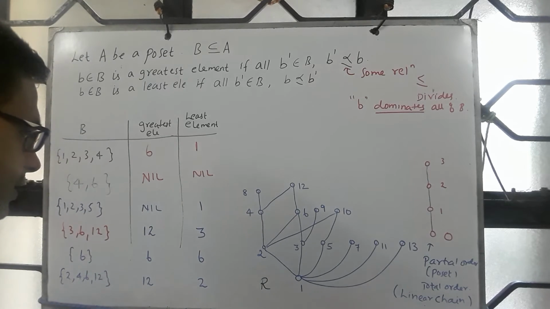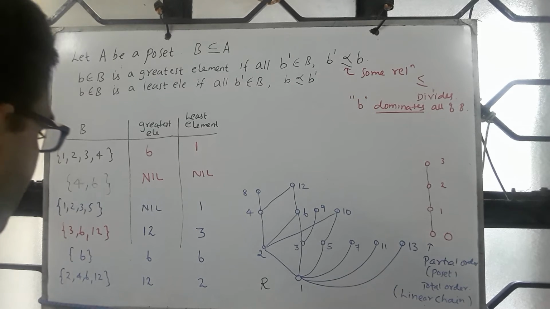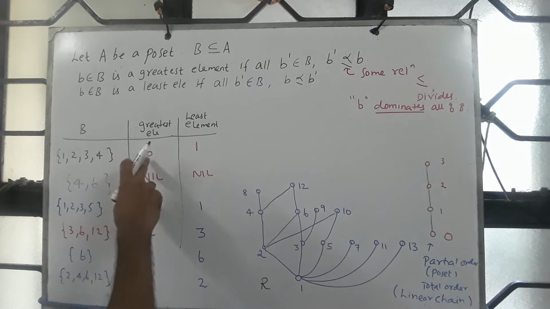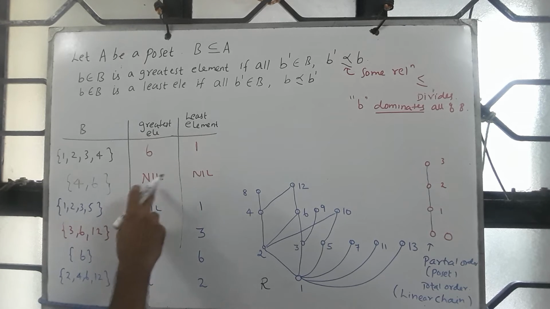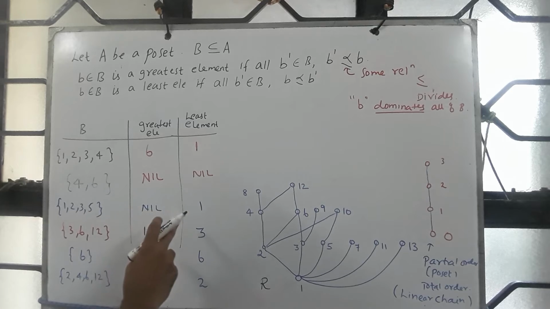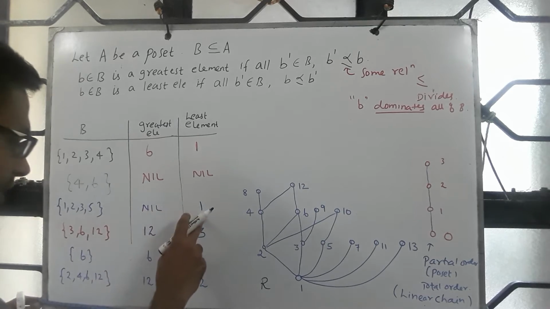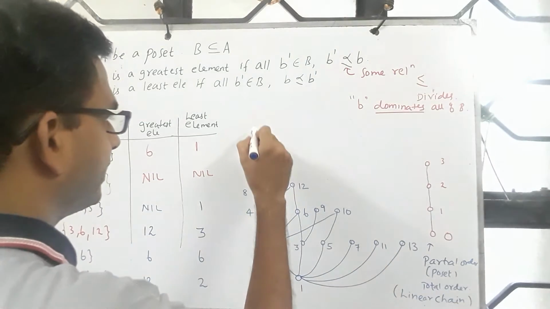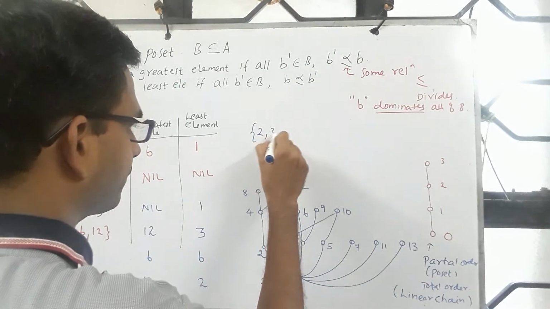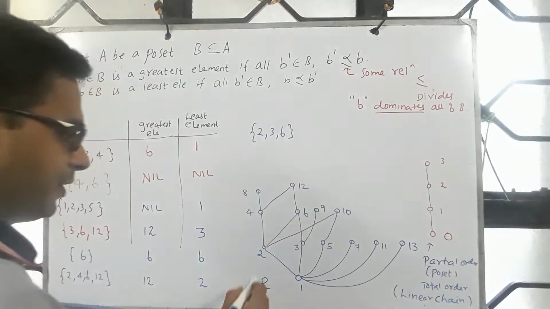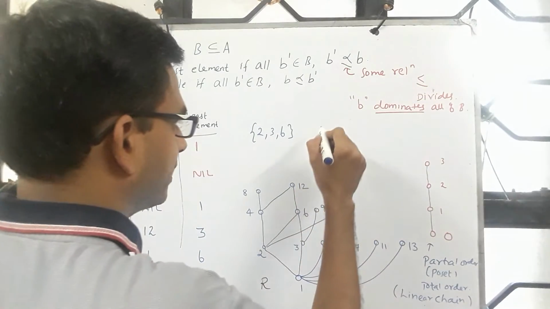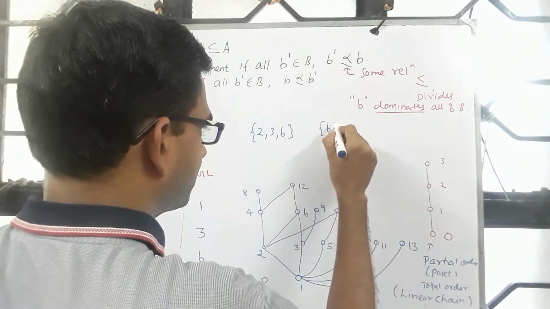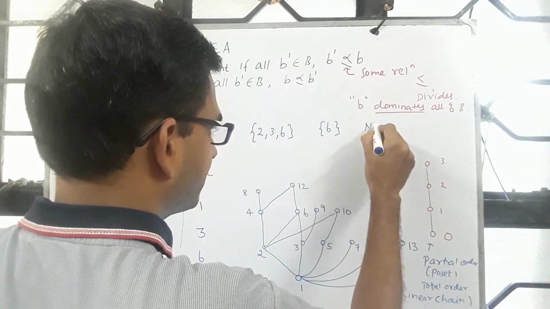So there are cases where both are existing. There are cases where both are empty. There are cases where greatest is there, greatest is not there, least is there. And for example, if you take 2, 3, 6, then greatest is 6 and least is nil.